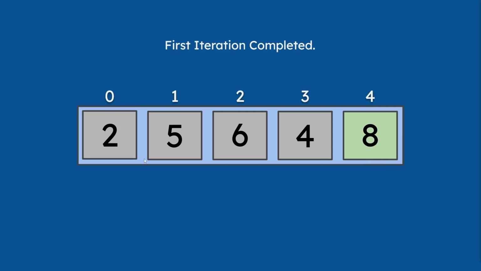It's the largest number in the array. We've moved it all the way up to the right side. So we know index number 4 is done and it's sorted. So I highlighted it in green. It's done. We don't have to touch this anymore. So for our next iteration, we're only going to look from 0 to 3 since we already know this is done. So every iteration, once the last index is sorted, we'll basically sort 1 less every time.